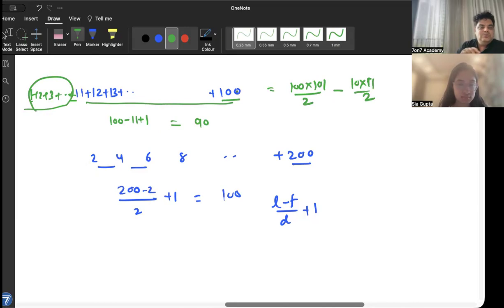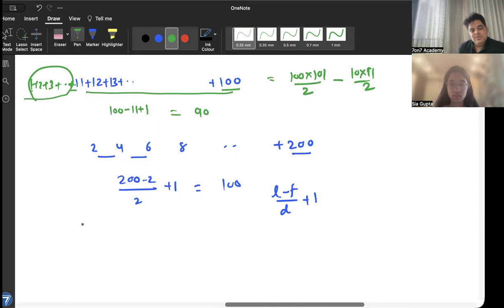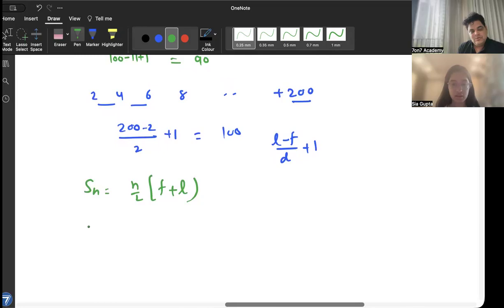So these were the cases when you were adding consecutive terms. When there is a difference, the formula is Sn is equal to n divided by 2 into first plus last. You'll do that. Just like if I want to add 1 plus 3 plus 5 till 101, there is a difference, so how will I add this?